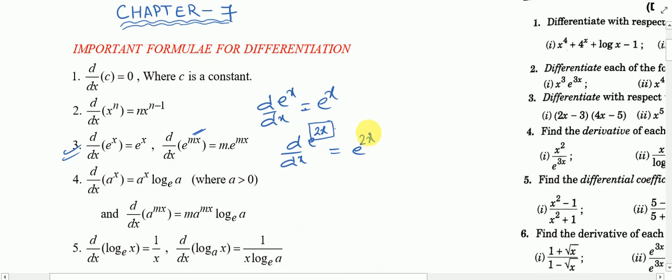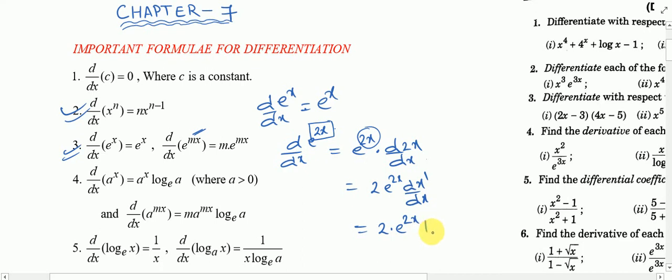Now you differentiate this 2x. So when you differentiate 2x, this 2 will come out, and then you are differentiating x. So here power is 1, so you have to use the second one. Clear? So you get 2 times e to the power 2x, and here x to the power 1 minus 1.